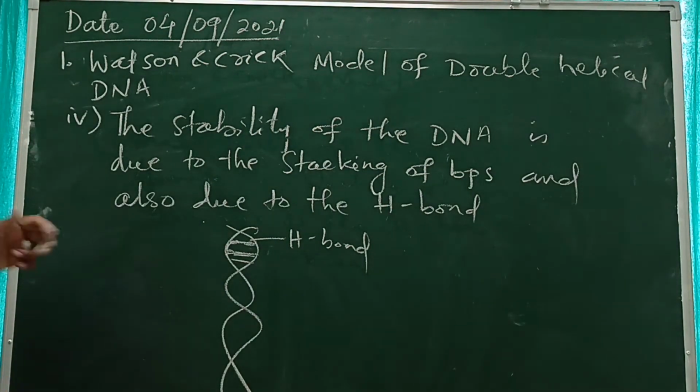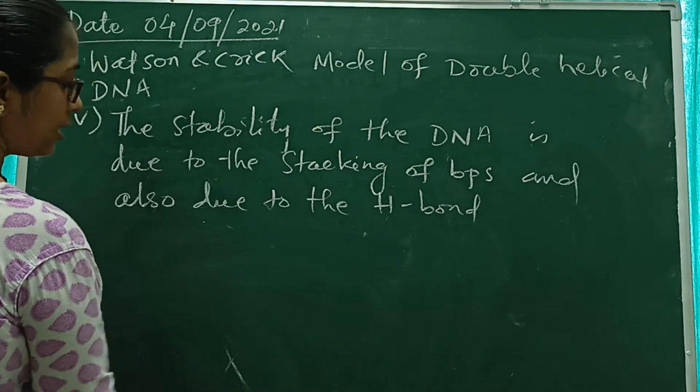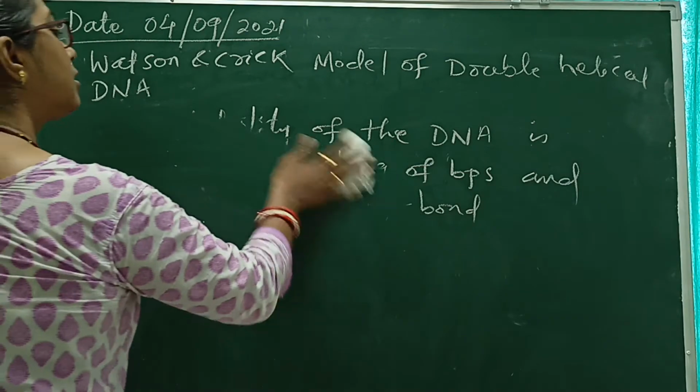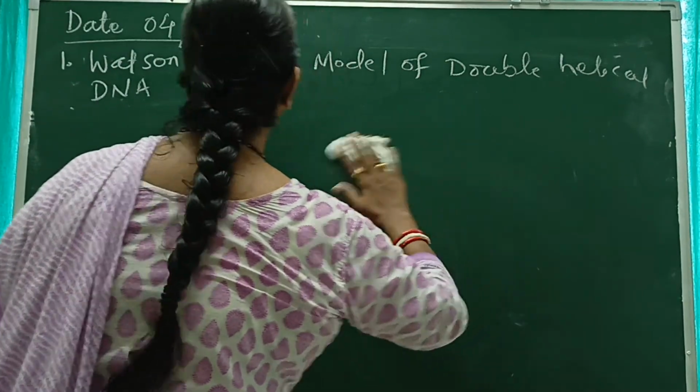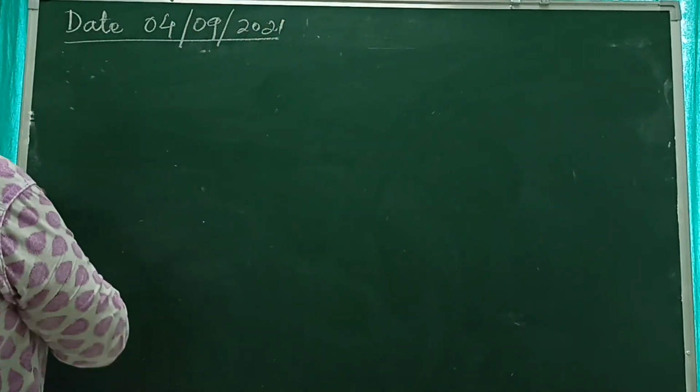Okay, so our next topic is, children, I think the contribution of scientists, structure of DNA, composition of DNA, everything are clear to you. Now I will discuss the packaging of DNA.